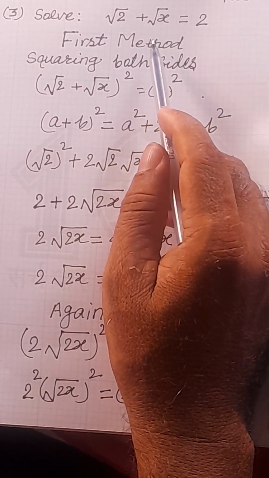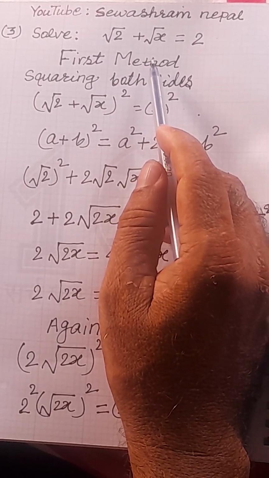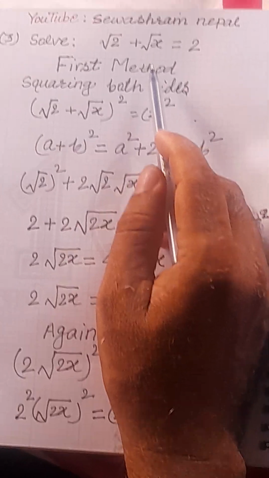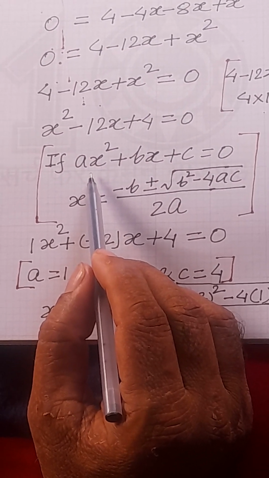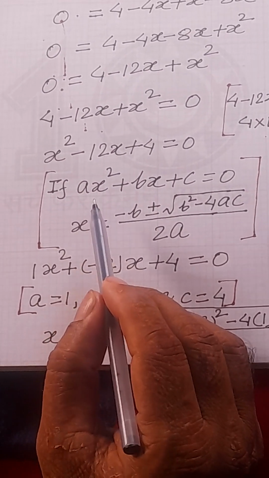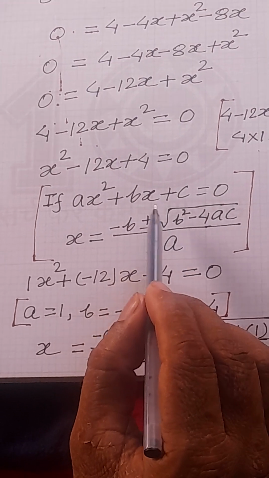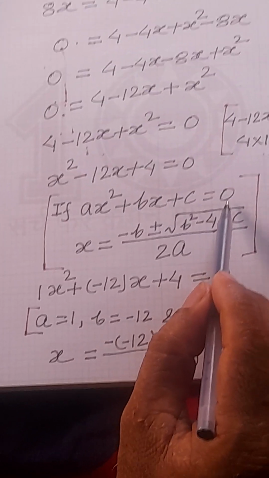So the first method requires one formula for you to be familiar with. What's that? That is the quadratic equation ax square plus bx plus c equal to 0.